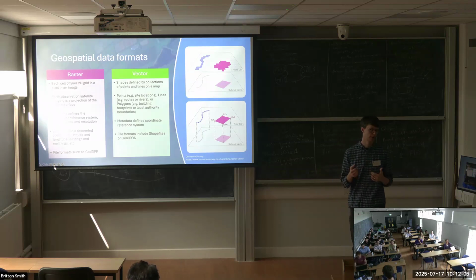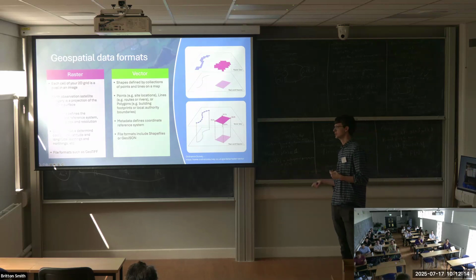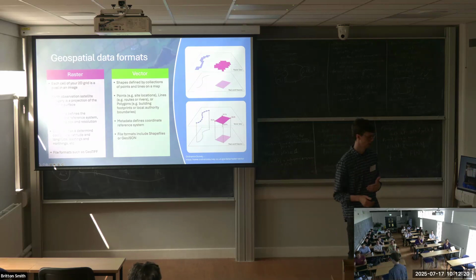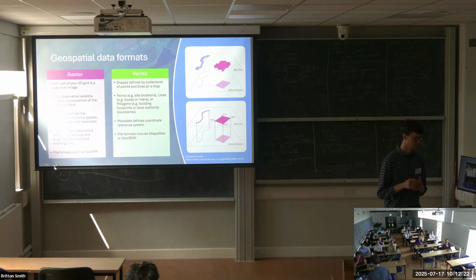So each pixel can have a defined coordinate, a latitude and longitude, an easting and northing, if you will. One example is a GeoTIFF file. It's based off the standard image format of a TIFF, but it has this extra metadata that allows you to georeference each point.